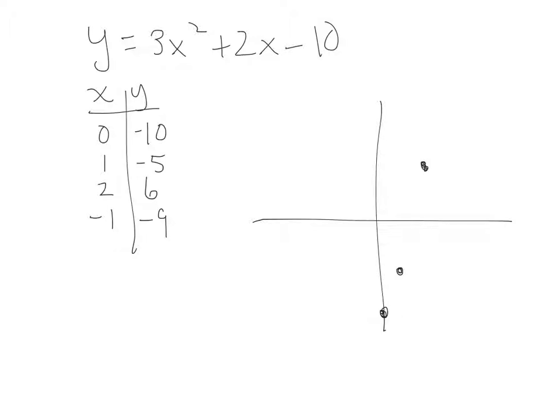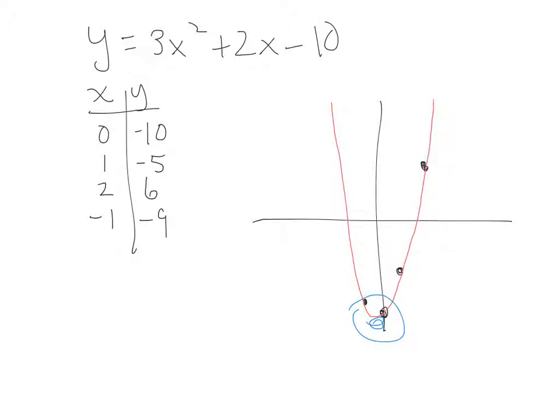You're going to get negative 1, negative 9, so that's going to be down here. What that's telling us is we probably have a parabola that's definitely opening in the up direction. It's going to look something like this, and the vertex is going to be somewhere down in this area.